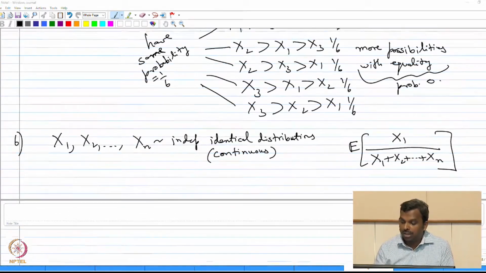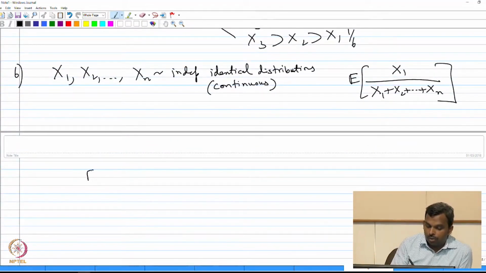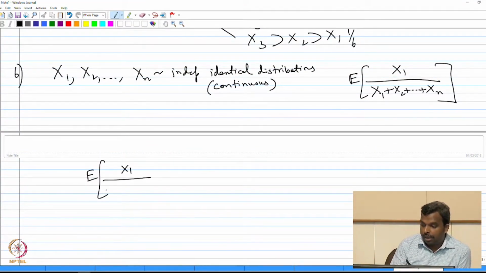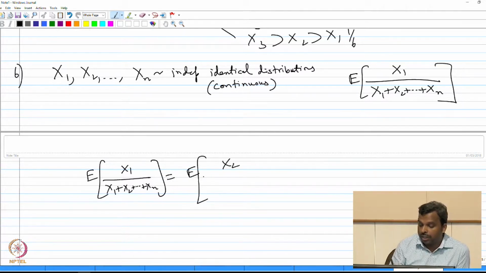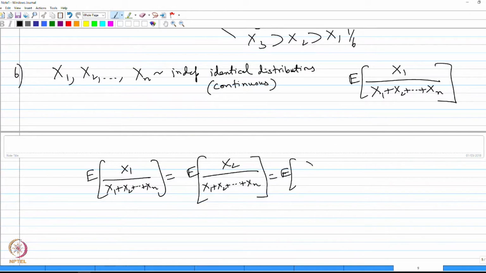The crucial point to observe is that the expected value of x1 divided by x1 plus x2 plus so on to xn is actually the same as the expected value of x2 divided by x1 plus x2 plus xn, which is the same as, let's say, x3 by x1 plus x2 plus xn, and it's actually the same as the expected value of xn divided by x1 plus xn.